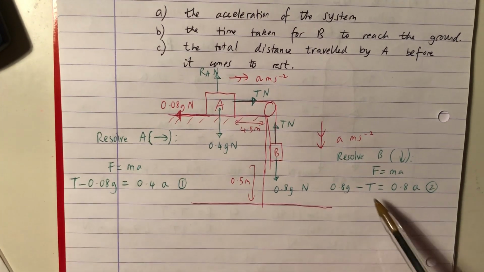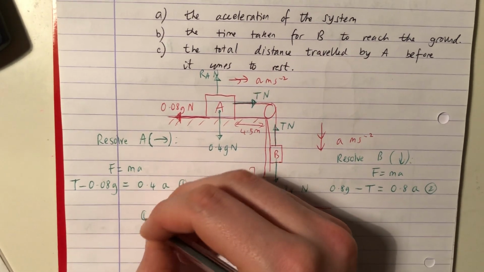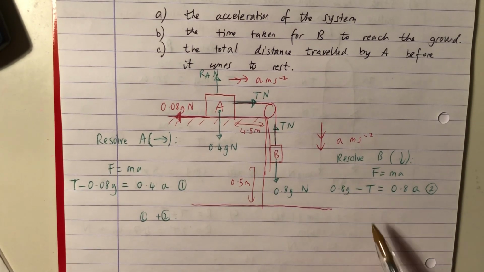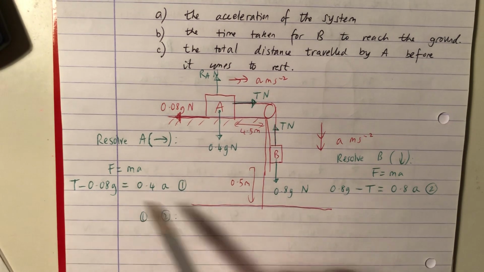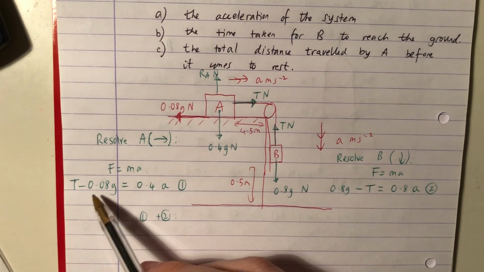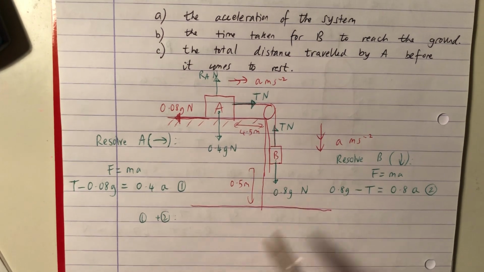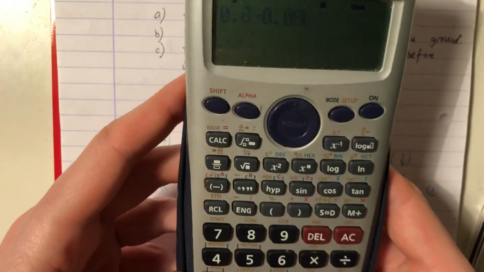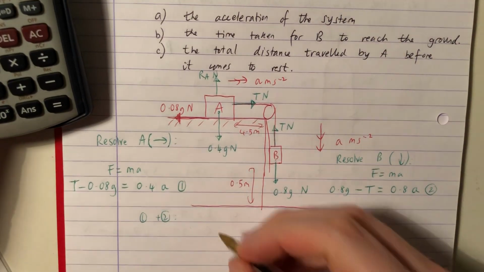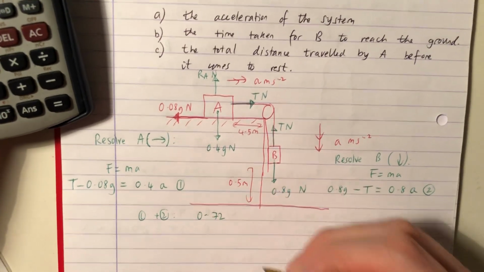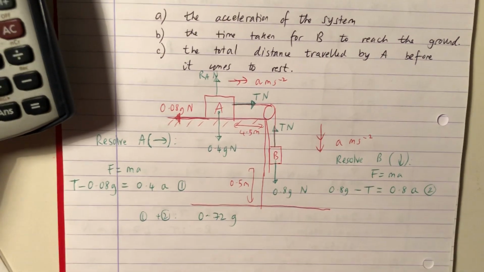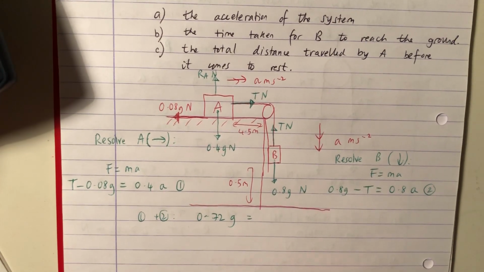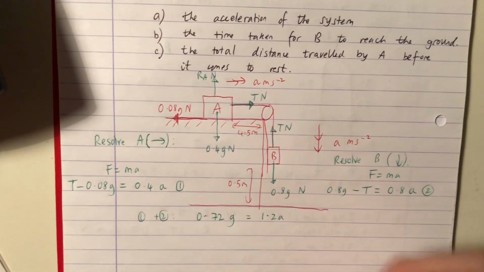There's a plus T, there's a minus T. So the best way to solve this is add them. Add them together. You have T's disappear. 0.8 G plus minus 0.08 G. I'm going to do this on a calculator. 0.8 minus 0.08 is 0.72 G. And that's equal to 0.8A plus 0.4A, which is 1.2A.